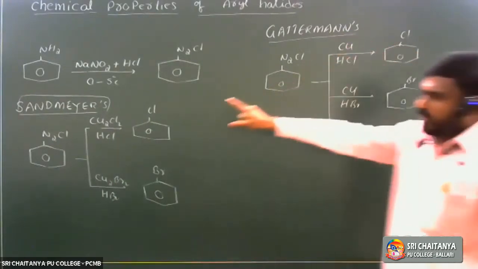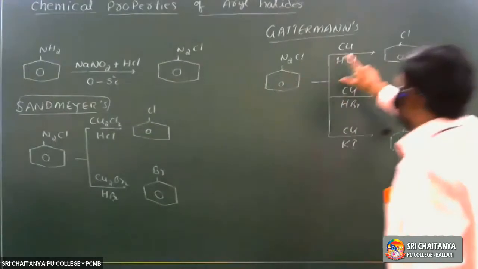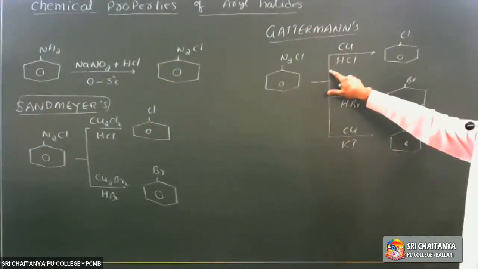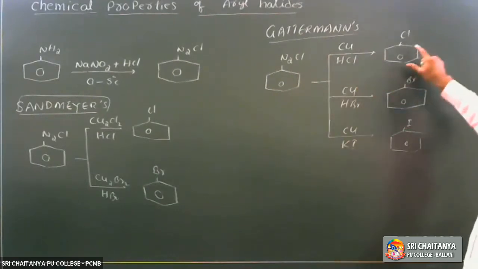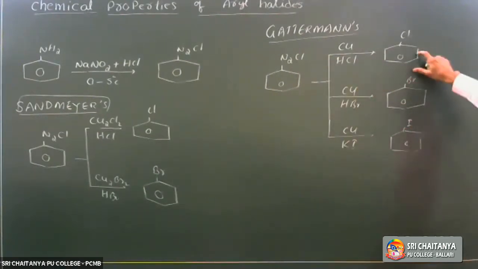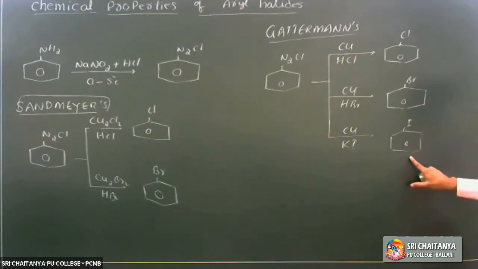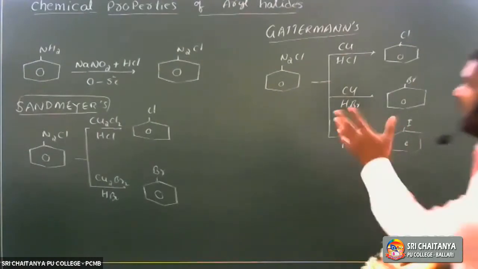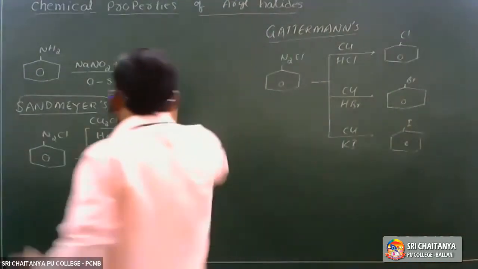By this method, we can prepare chlorobenzene, bromobenzene, iodobenzene. So it is the second method. These reactions were also completed in the last class.